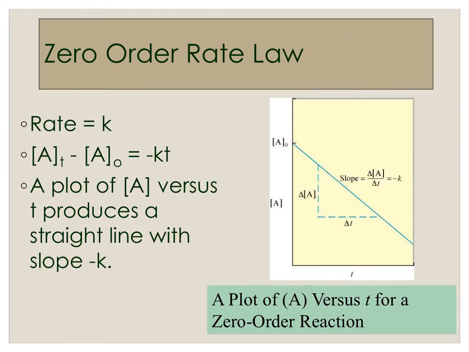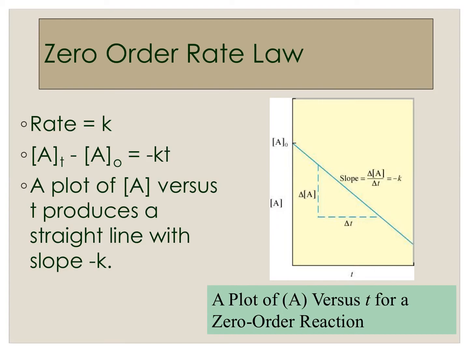Now our zero order rate law, this equation looks just like the first order equation given to you on the AP test, except it doesn't have the ln. Which makes sense because when we think of the graphs of first order and zero order, a zero order graph is always concentration versus time, whereas a first order graph is ln of concentration versus time.